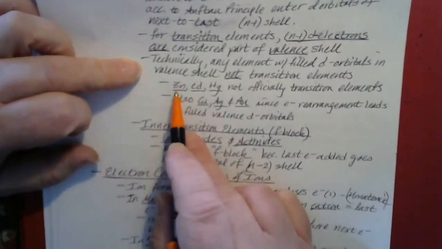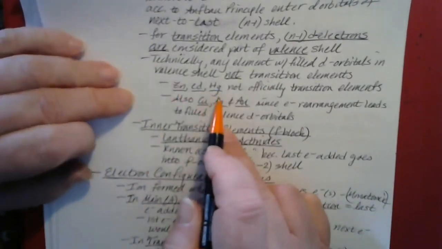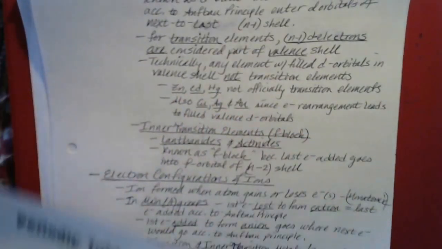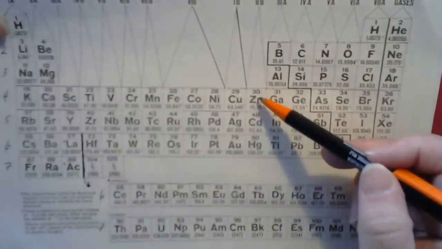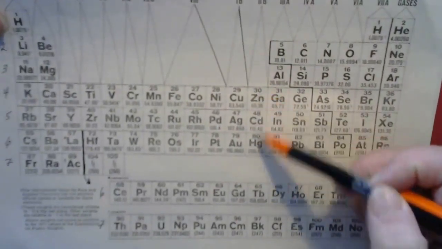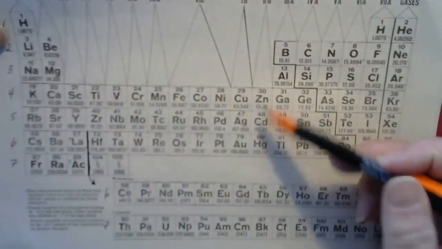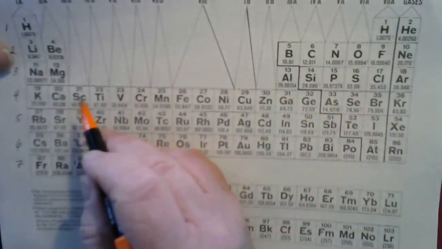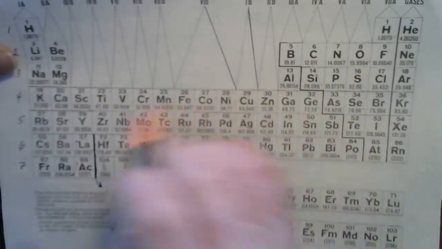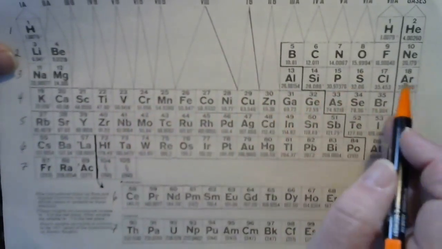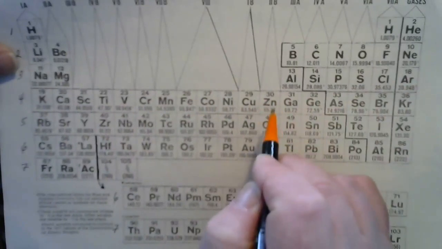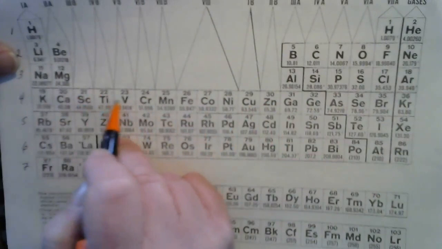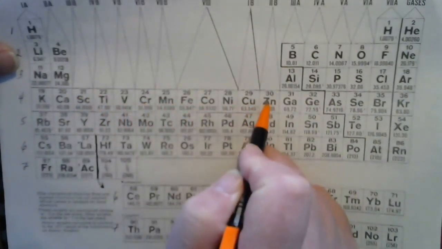According to this rule, zinc and cadmium and mercury, and also copper, silver, and gold would not be considered transition elements, because zinc and cadmium and mercury are in positions where you would expect the electron configuration to involve D10 for the n-1 shell. So for example, for zinc, you would expect the electron configuration to end with 4s2 and then 3d10.